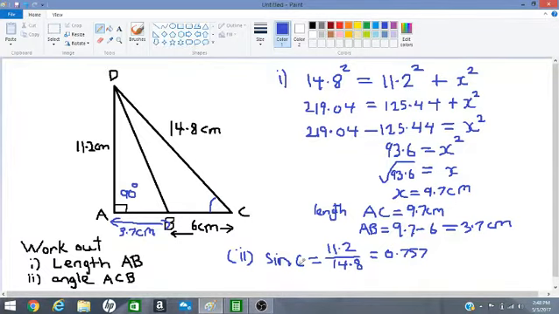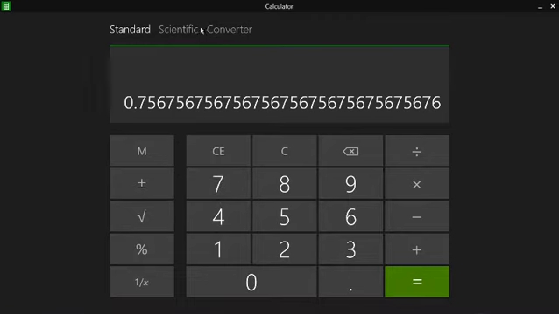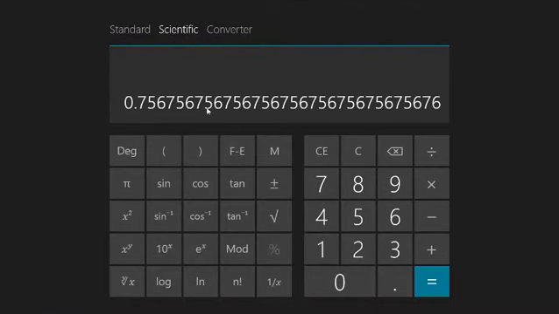We want to find out angle C, so that is equal to the sine inverse of 0.757. Let's go ahead and work out that with our scientific calculator.